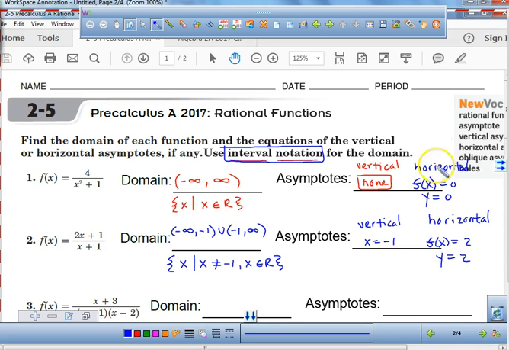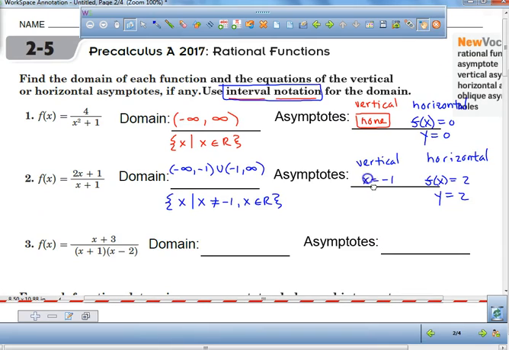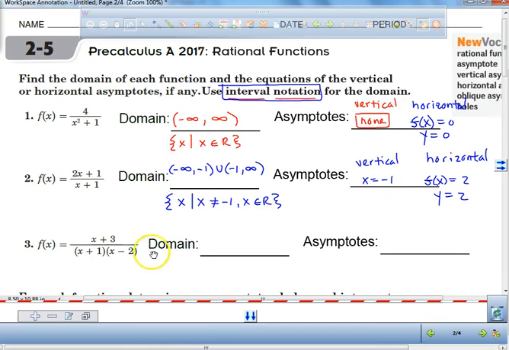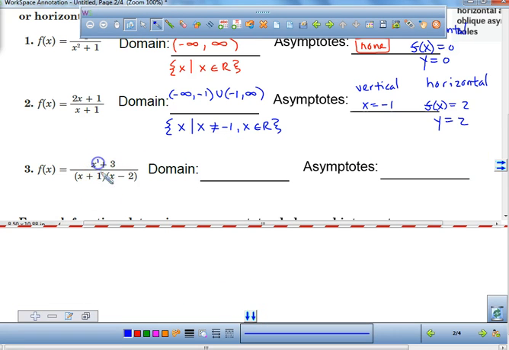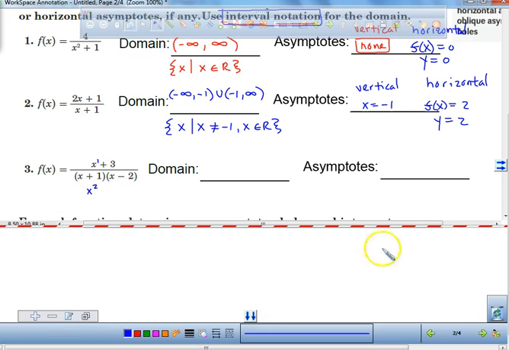Now, we go to our problem right here. This one does not have a slant asymptote, okay? This is x to the first. Down here we have x squared. So without even graphing it in the graphing calculator, for problem number 3, what type of horizontal asymptote do we have?